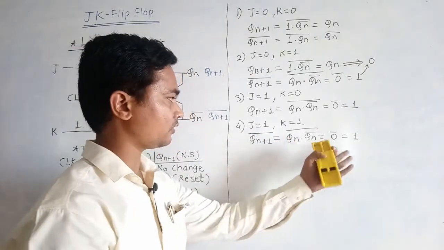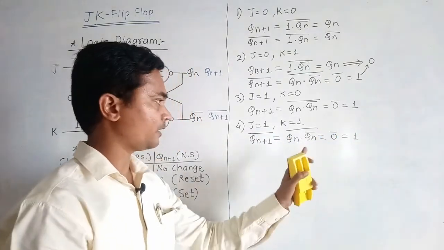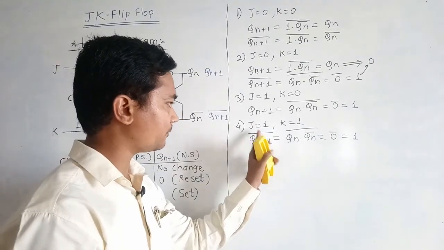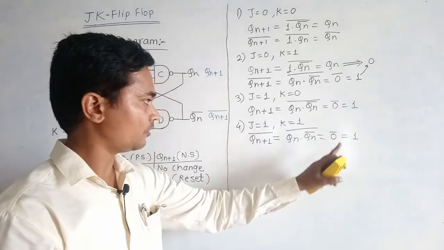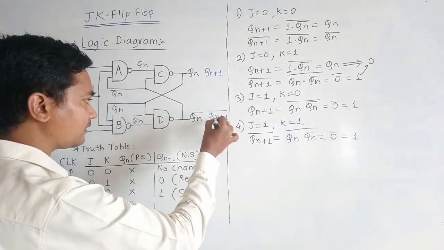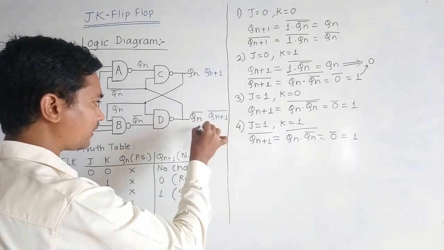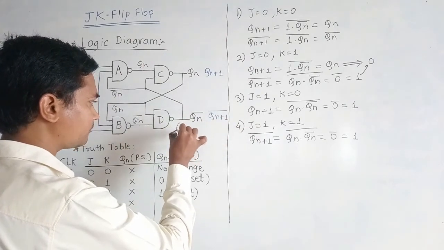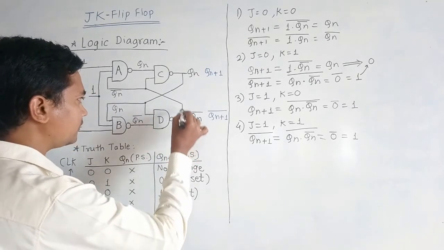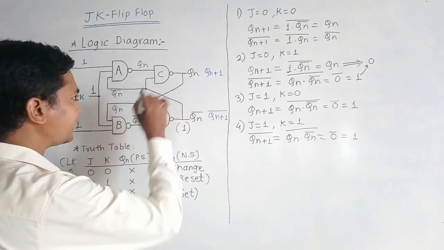There is no change. But in this expression you have obtained Qn plus 1 bar equal to 1. So replace this 1 in place of Qn plus 1 bar. If I write 1 here, this 1 will be applied to the second input of C gate.